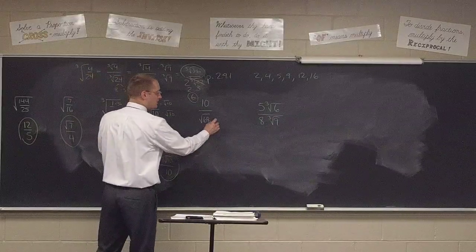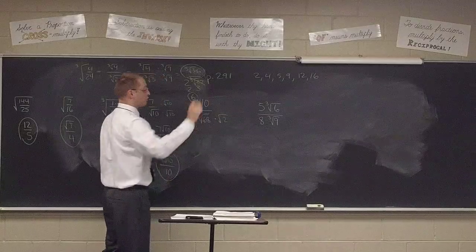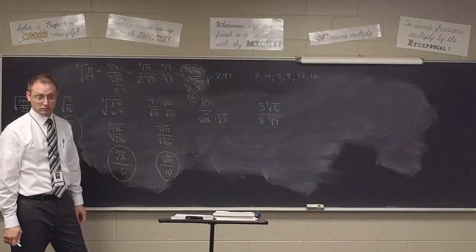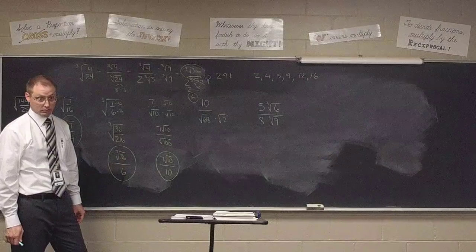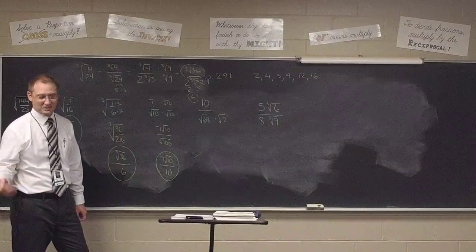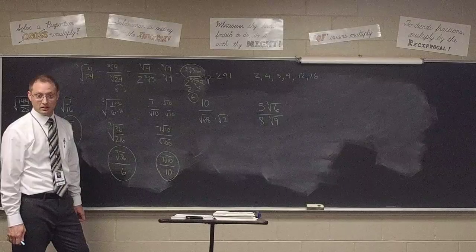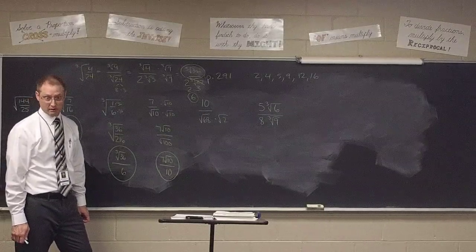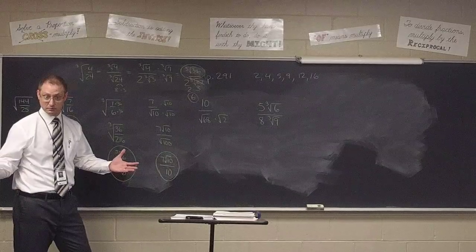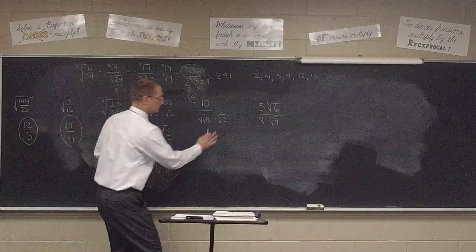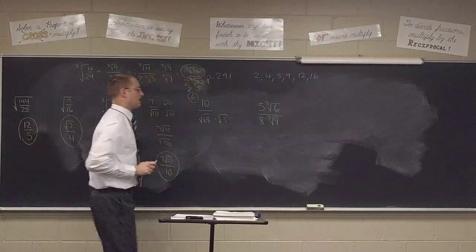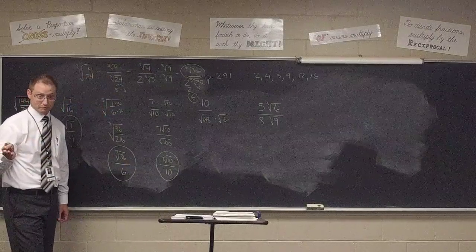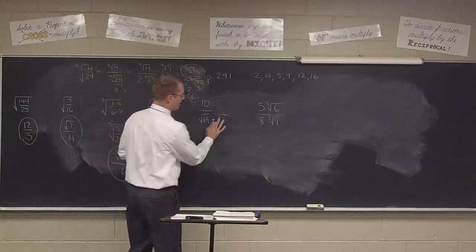What is 68 times 2? Should have already done this. 136. Does that help? No. Okay, so times 3. What do we get? 204. Does that help? No. We're not going to waste our time multiplying by 4.